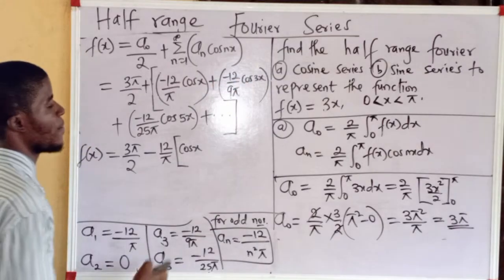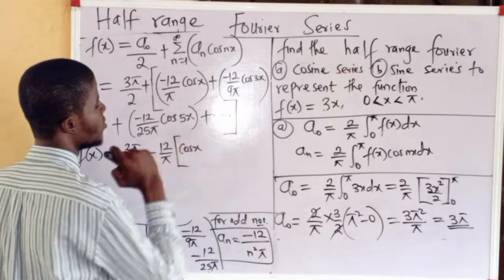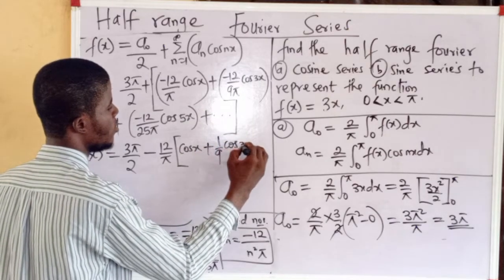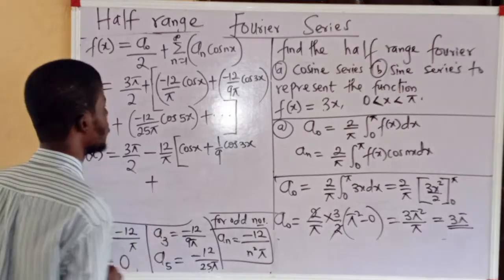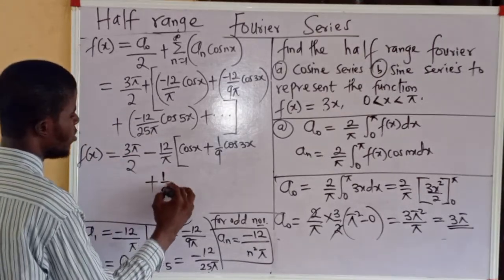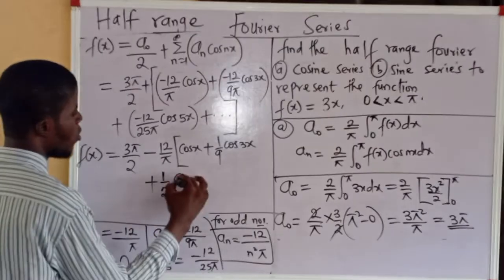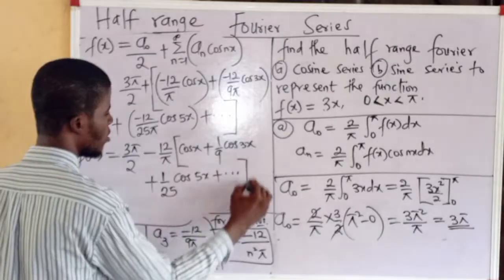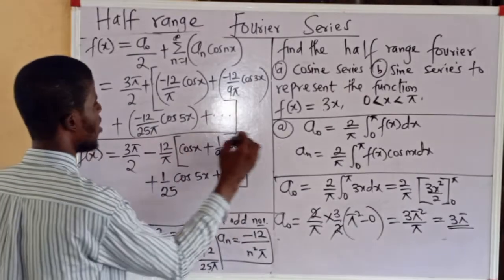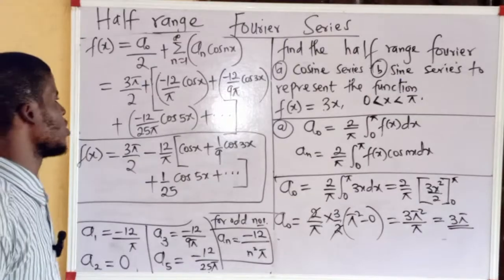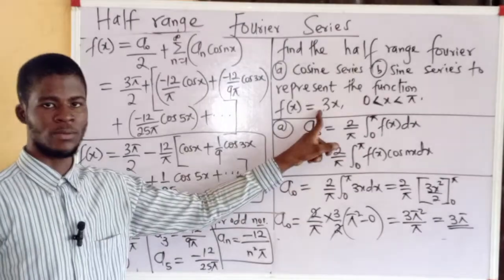You get the point? We're having just 1 over 9 left. That's plus 1 over 9 cos 3x plus what's left here, that will be 1 over 25 cos 5x, and so on and so forth. So this is the half-range Fourier cosine series for this particular function.